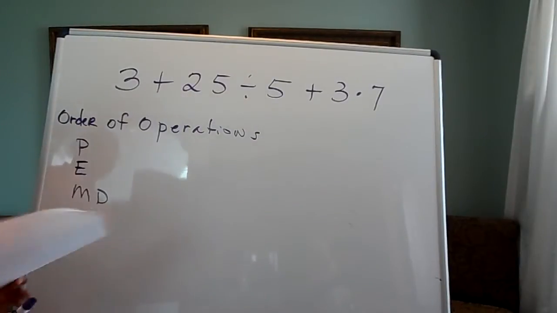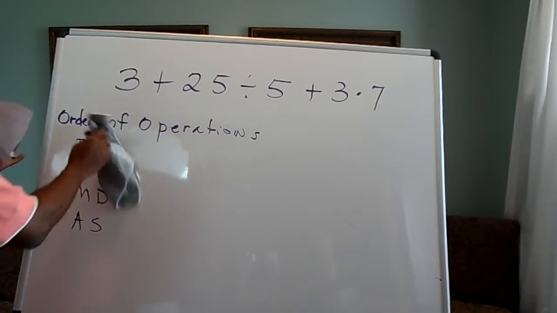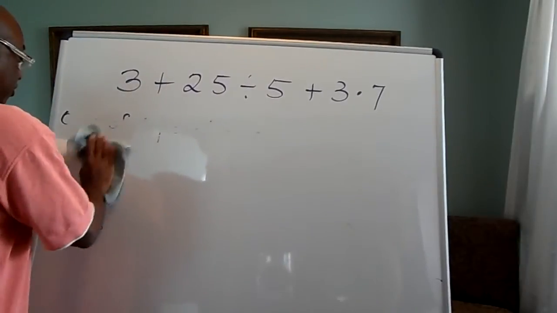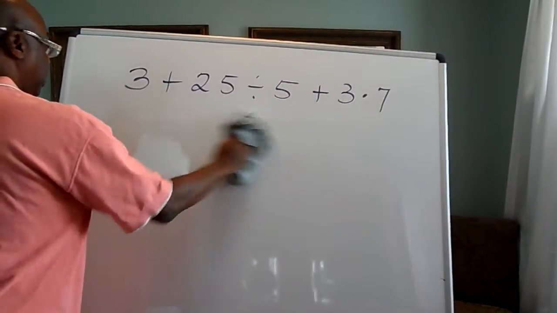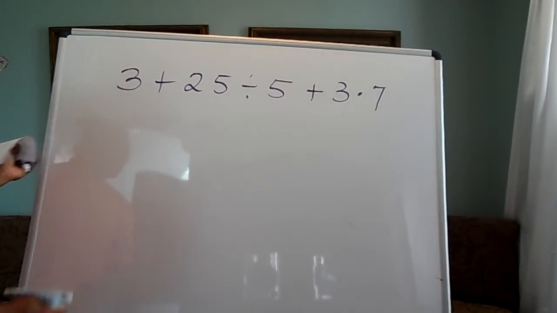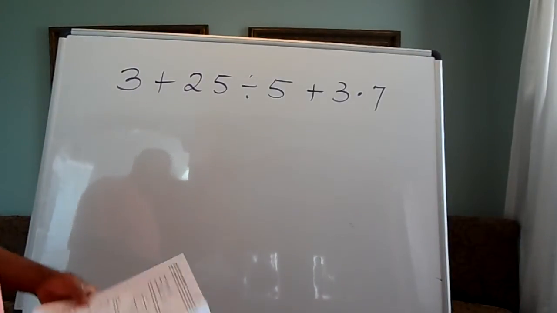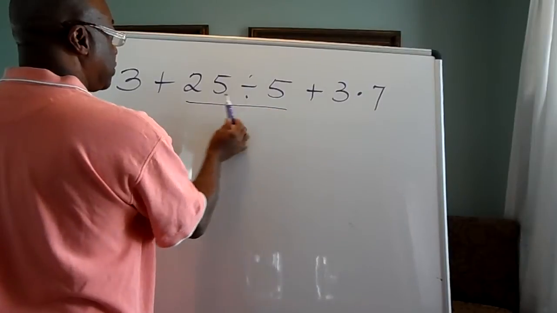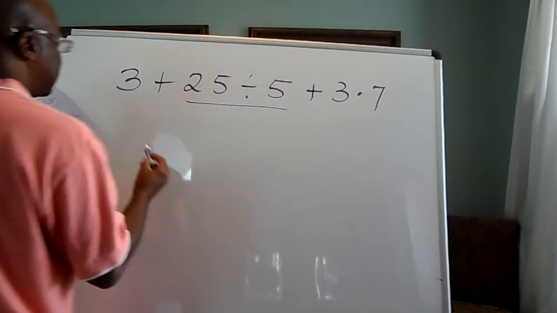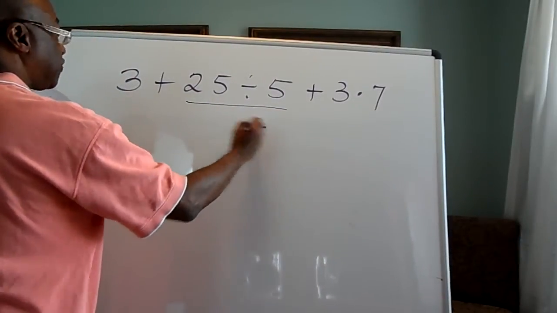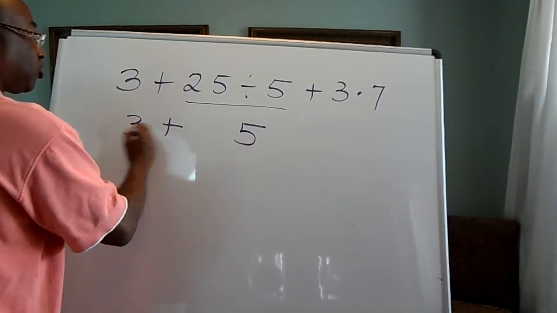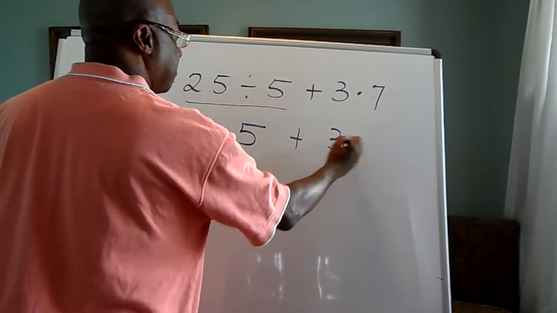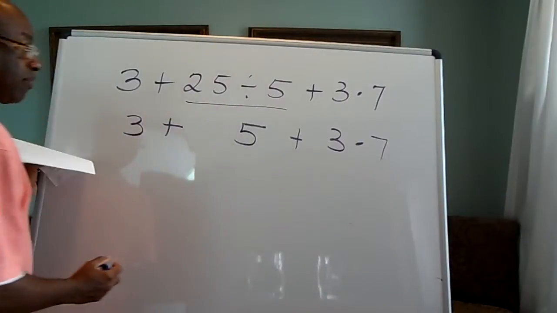So let's review this problem right here according to the order of operations. In this particular problem, we should do division first because we see division before the multiplication. And so this is going to give us 5. Bring down everything else. We only do one thing at a time, one operation at a time.